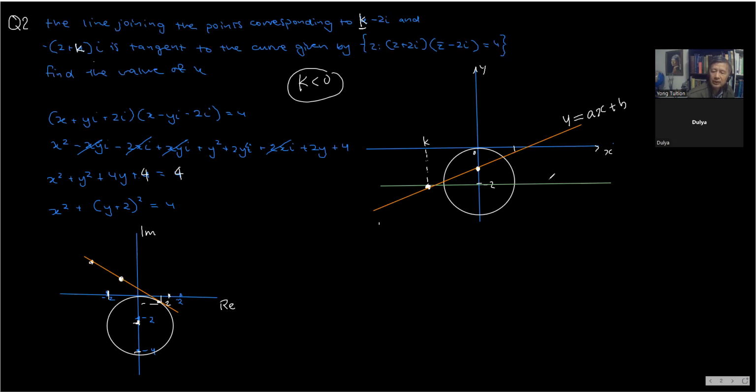So what is this straight line? Can you work out the function of y in terms of k? So to be exact, this is negative 2 plus k, right?